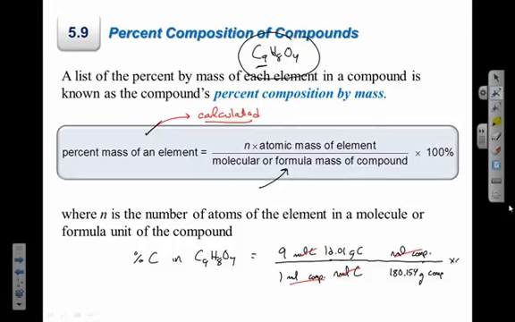Then I multiply that by 100, and I would get 9 times 12.01 divided by 180.154 times 100 gives me 59.999. So to 4 sig figs, that will actually be 60.00% carbon.